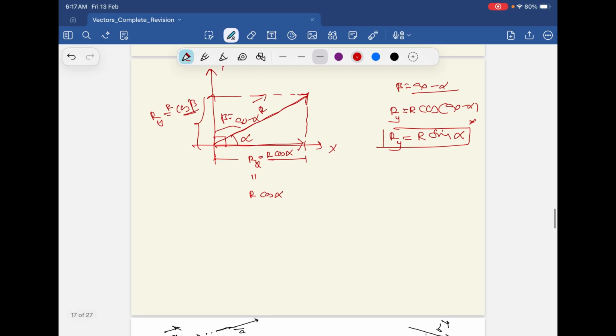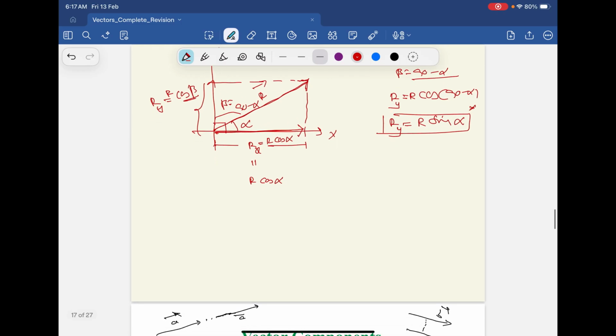Now I can write this particular rx length and ry length in terms of unit vectors. But before this, how to represent this r bar in terms of its components. Remember students, we already discussed unit vectors. What are unit vectors? Those vectors which have magnitude equal to 1 are called unit vectors.